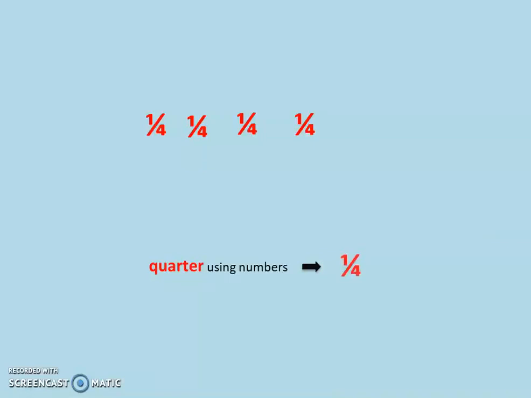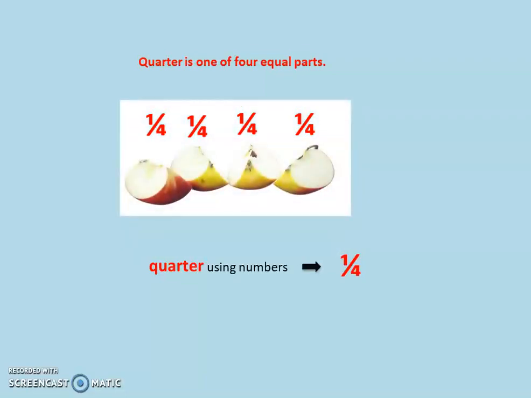Okay, let us go back again to the previous lessons that we have. It says there that a quarter is 1 of 4 equal parts. So you can see there 4 quarters of an apple. 1 quarter, another quarter, another quarter, and another quarter.